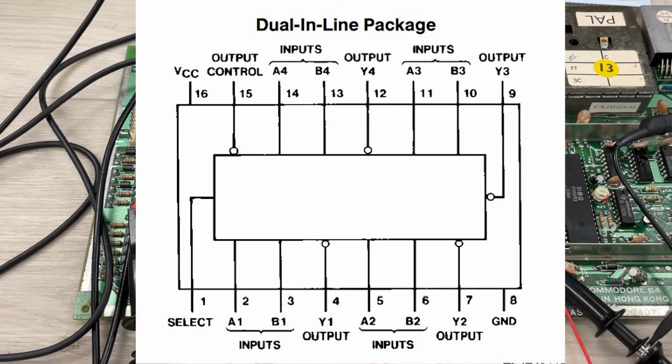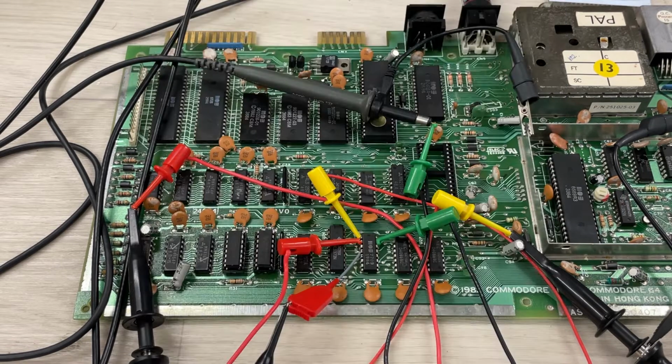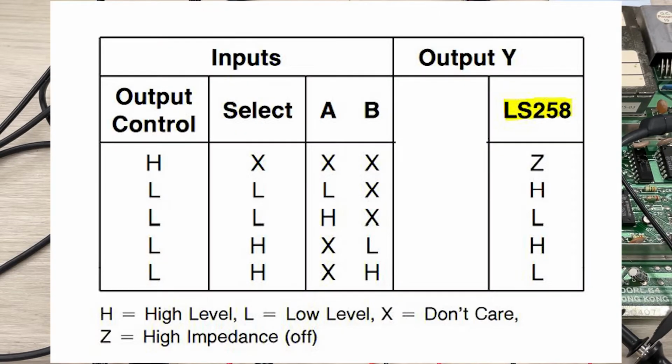But we basically have 2 inputs, 1 output, and what kind of output you get depends on two pins. One is the output control, where if it's high, the whole chip is disabled and all the outputs are high impedance or switched off if you want, but they're not low, they just don't interfere with the bus.